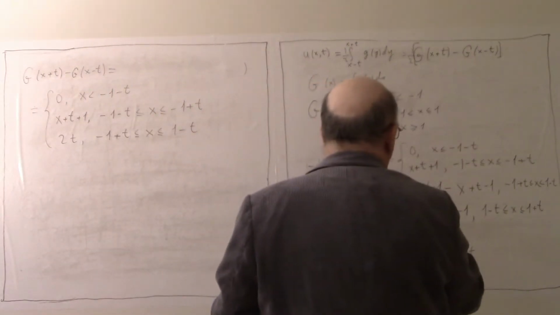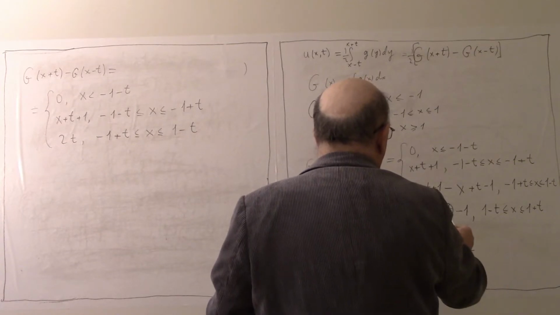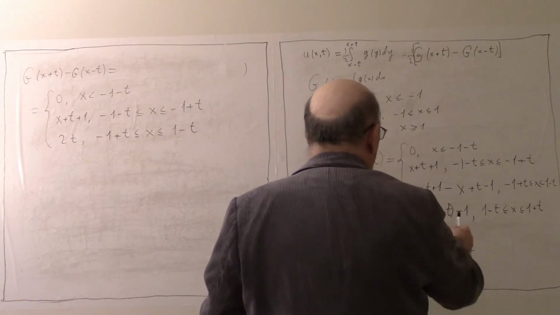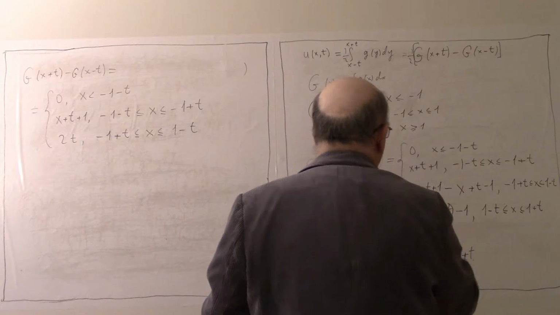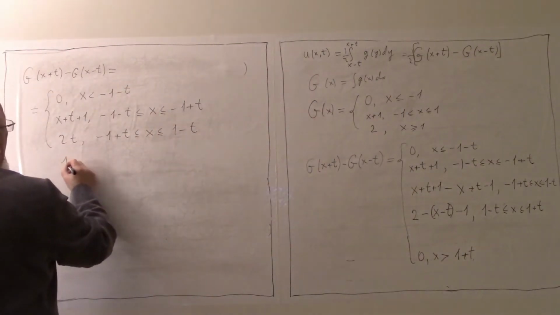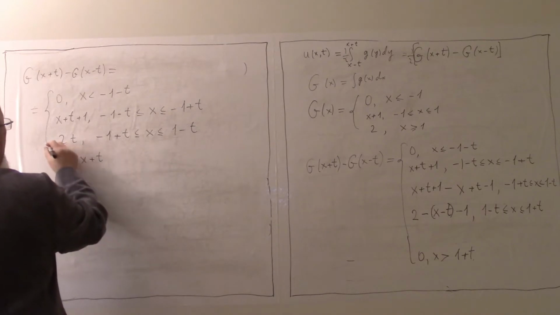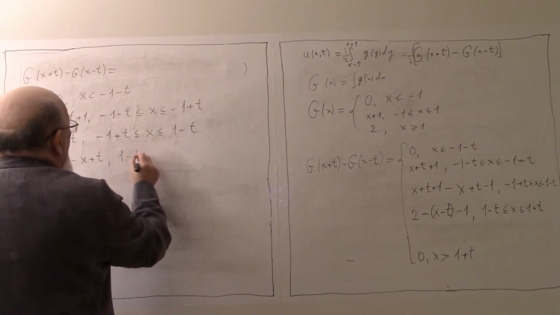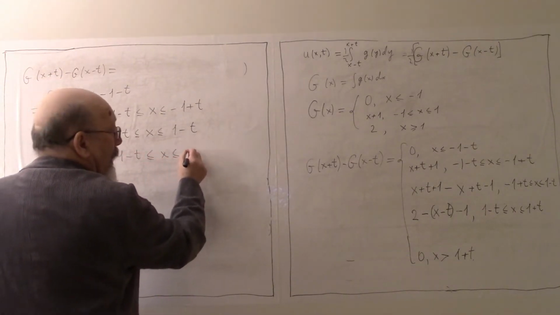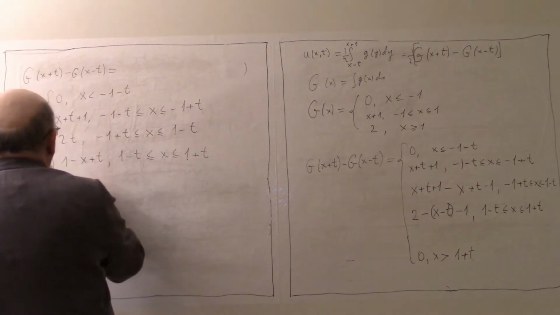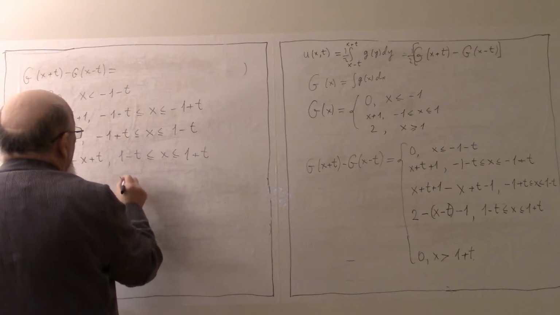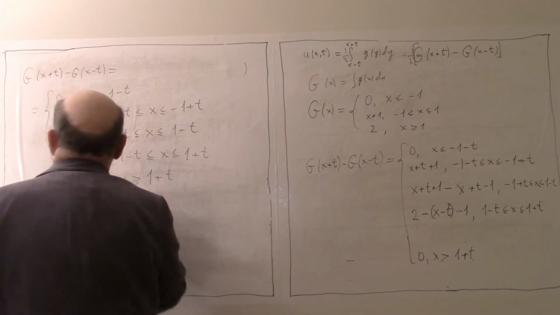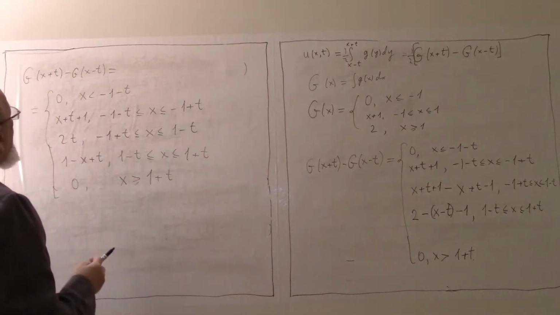Now here 2 minus x plus t minus 1, it is 1 minus x plus t, when 1 minus t is less than x less than 1 plus t. And 0 when x is more than 1 plus t. Oh my god.